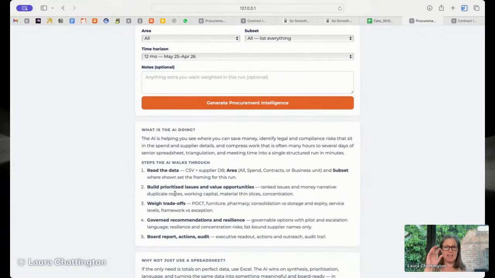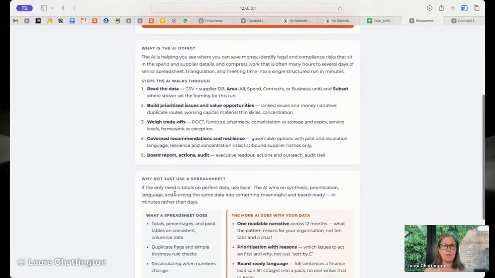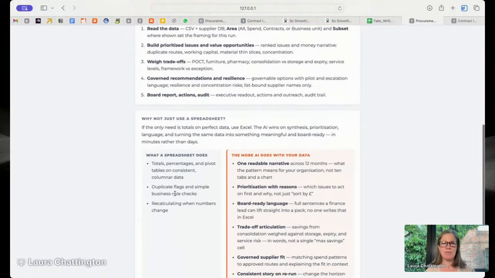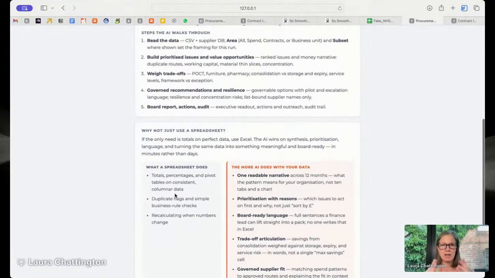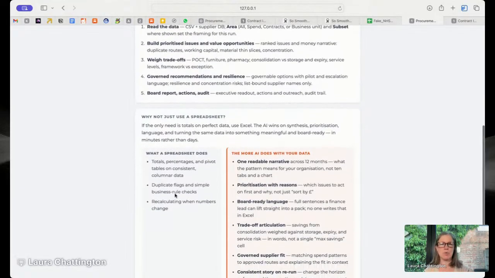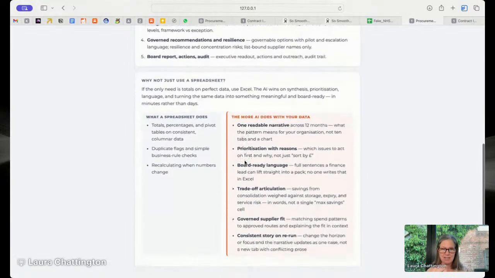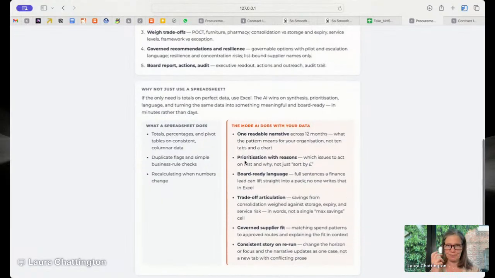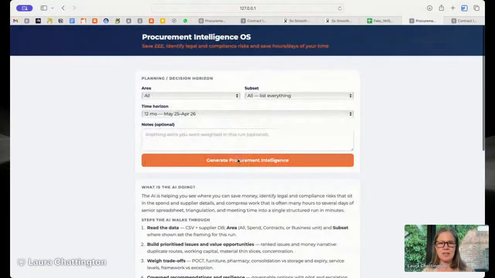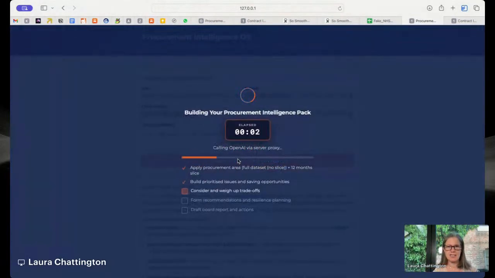It's going to read the data, prioritize the issues, work out what the trade-offs are, and provide recommendations, resilience and board reports. And it's not just running some Excel spreadsheet with cool pivot tables. It's actually building a narrative, prioritizing as you would if someone was sitting in your team doing this work for you. So we're going to generate the procurement intelligence pack.